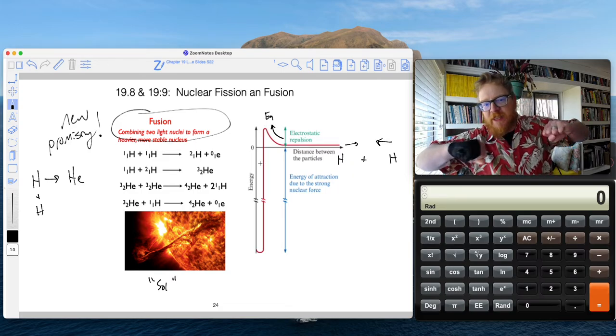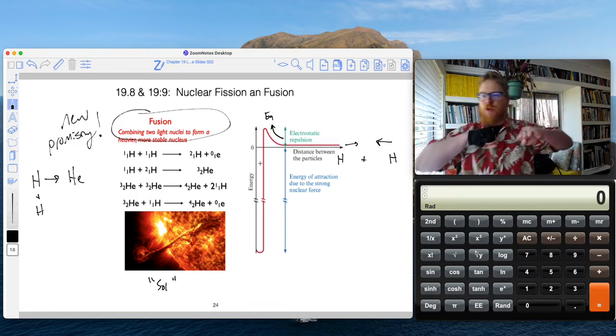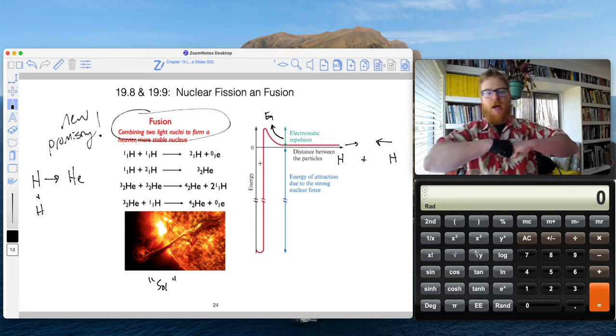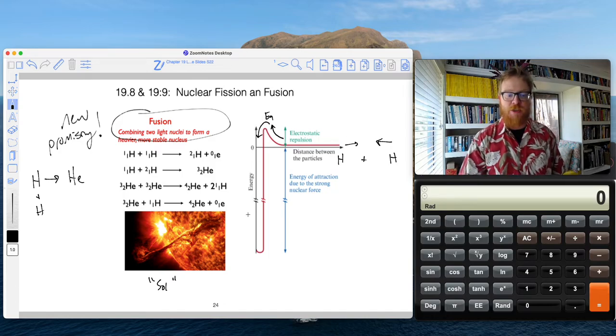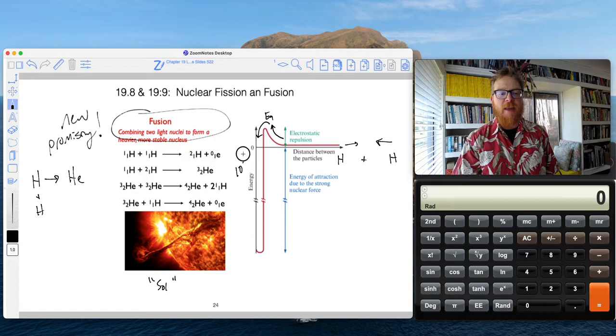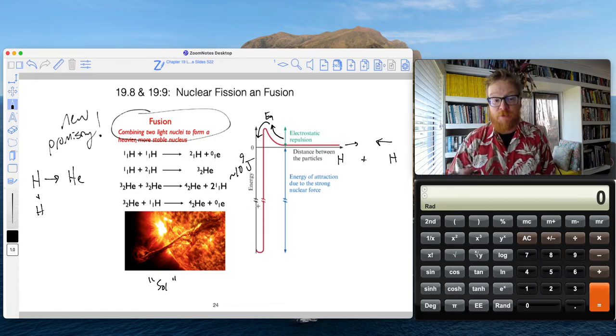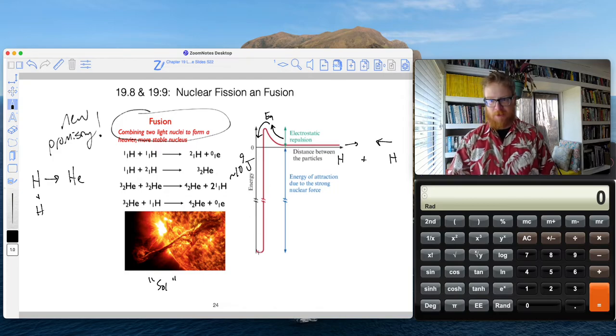We're forcing them to get together, but they don't want to. They're two positively charged protons. But if you can get over this activation energy, you have literally like 10 to the 9 joules, so billions of joules of energy that will get released in the process.